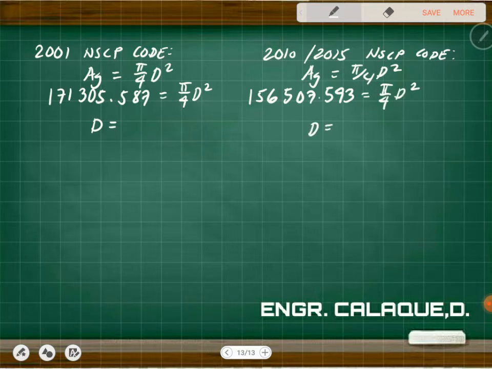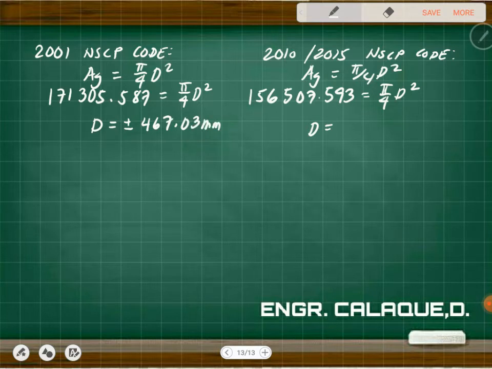Okay, so, computing ko muna yan. So, 171,305.587 alpha equal pi over 4 times yung diameter squared. So, we have diameter that is plus minus 467.03 millimeter.